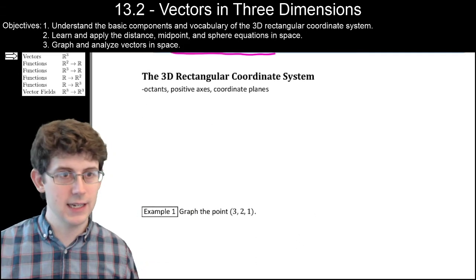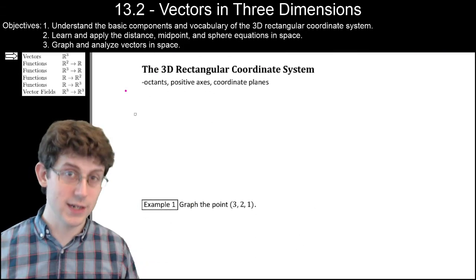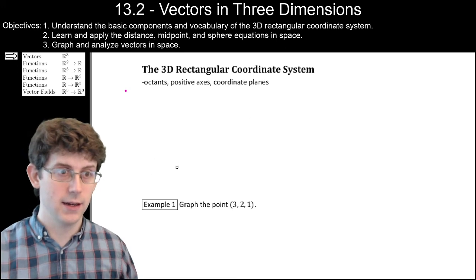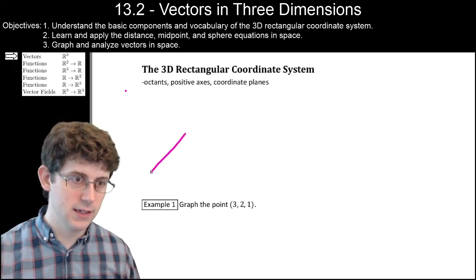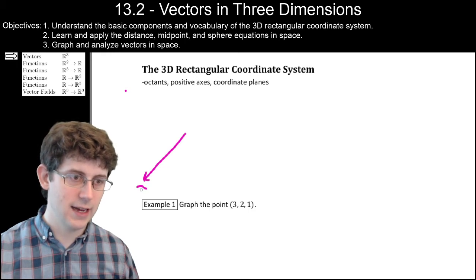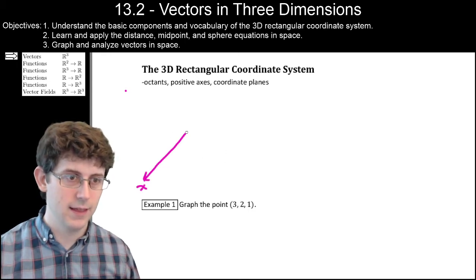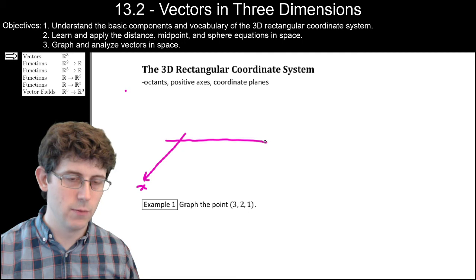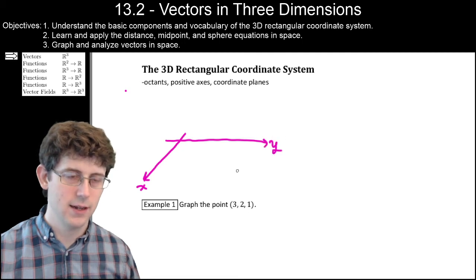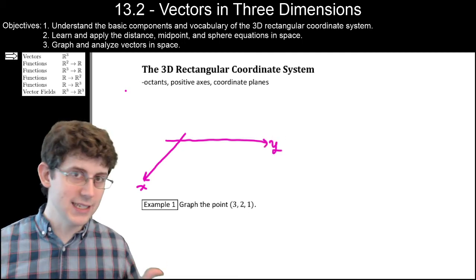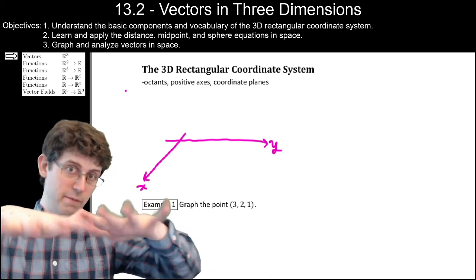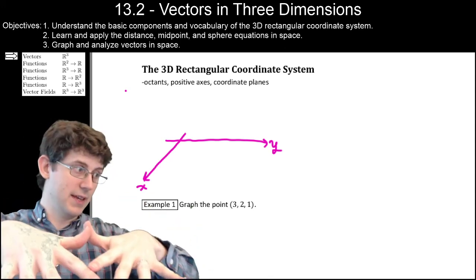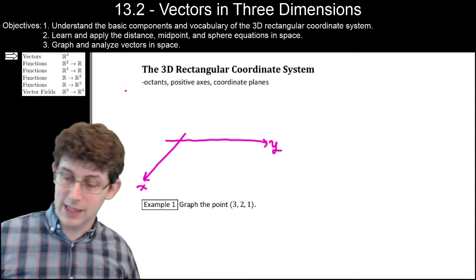Okay, first thing is let's get the basics of the coordinate system when we're in 3 dimensions. The main thing to do is to make the x-axis come out at you, and then the y-axis can go more or less horizontal. This tries to give you the perspective of the xy plane being a sheet of paper that's kind of flat, and then the z-axis will be the vertical axis.